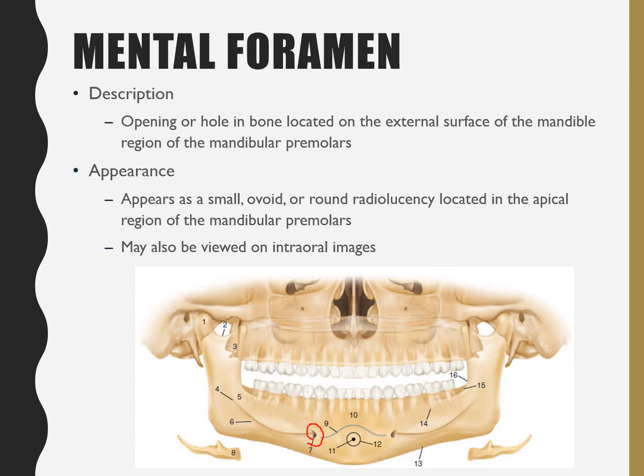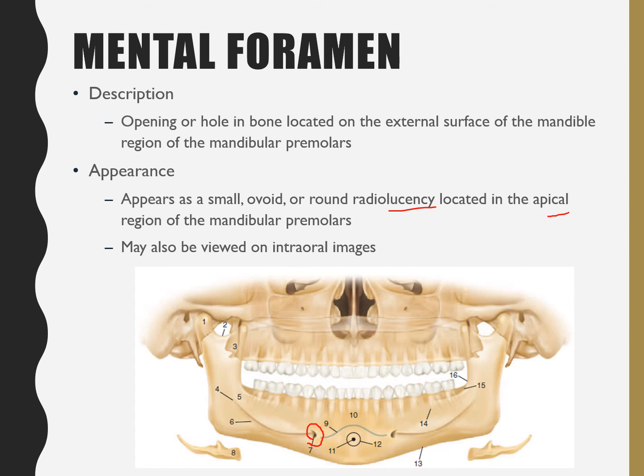This one is an opening, as every foramen is, or a hole in the bone located on the external surface of the mandible in the region of the mandibular premolars. It appears as a small ovoid or round radiolucency located in the apical region, or next to the tips of the roots, of the mandibular premolars.